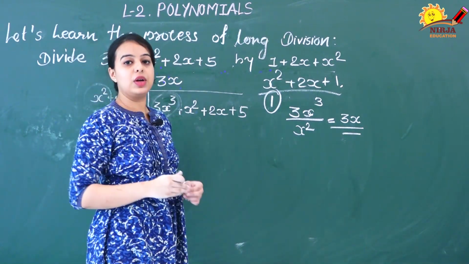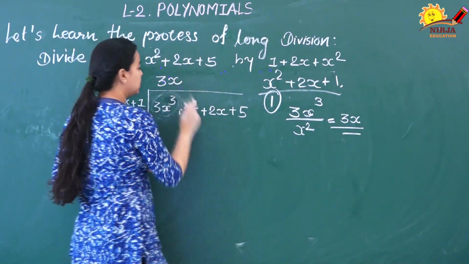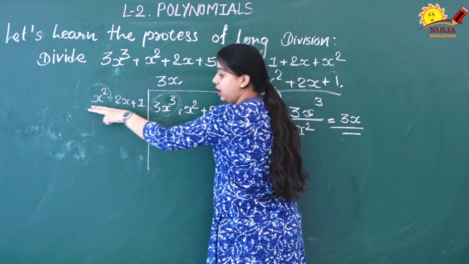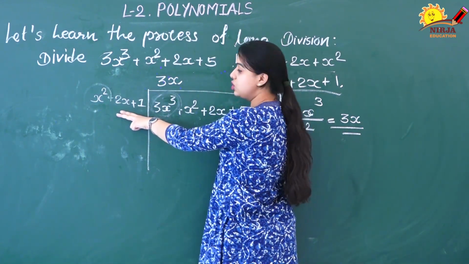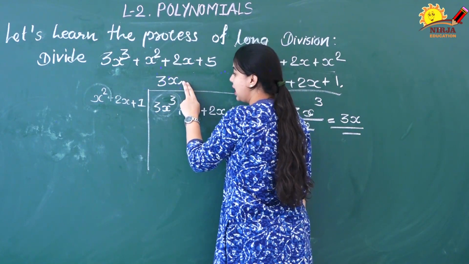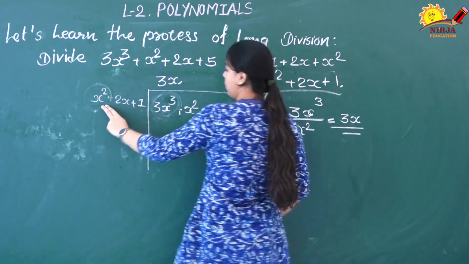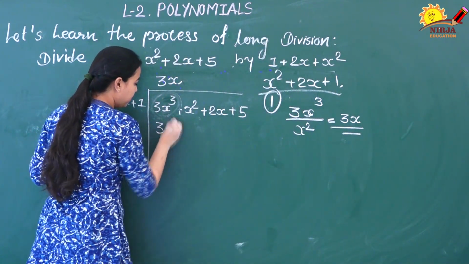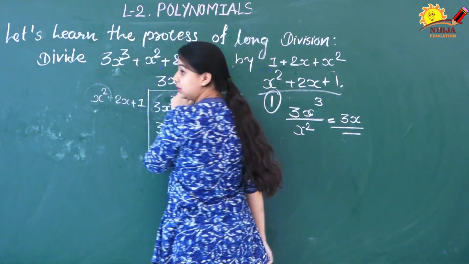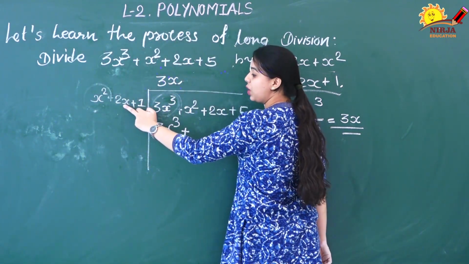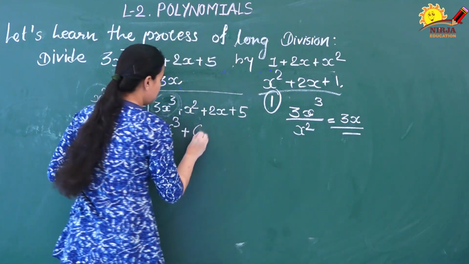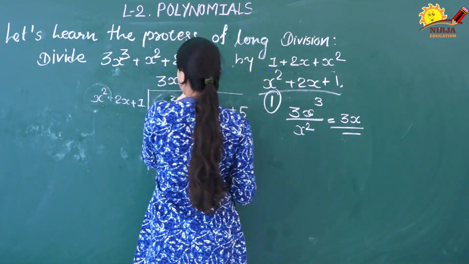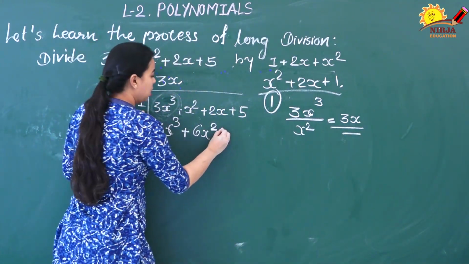Now the next thing we are going to do is multiply this 3x by the divisor. We get 3x multiplied by x square, which is 3x cube, plus 3x multiplied by 2x, which is 6x square, plus 3x multiplied by 1, which is 3x.